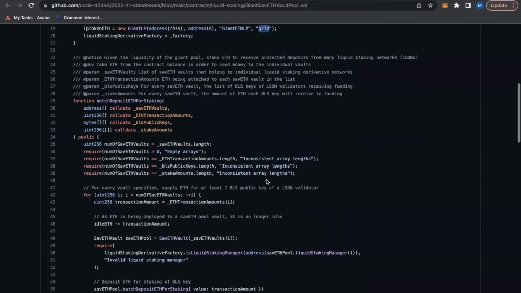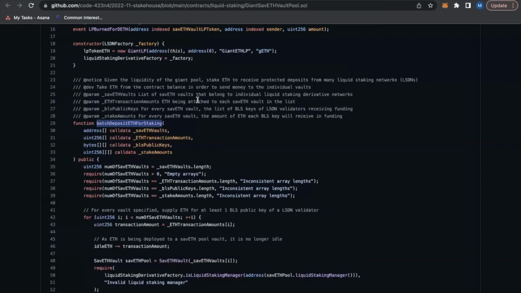So you can always get your ETH back, right? Even if the ETH never gets staked, because there is a scenario where I can deposit ETH into a giant pool and it never gets used. That's not very capital efficient for me, but I can withdraw it if it doesn't get used.